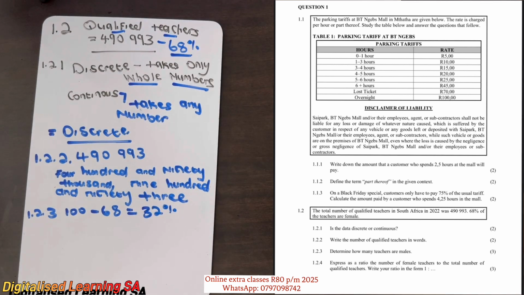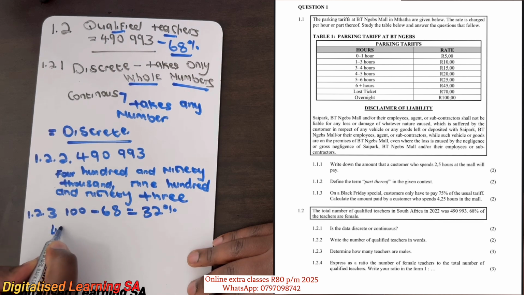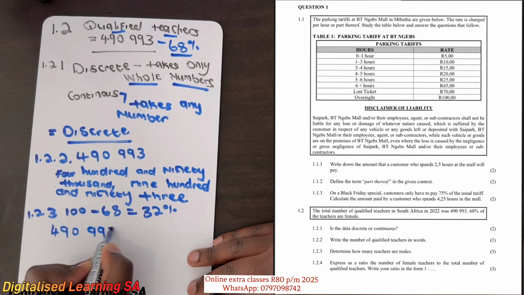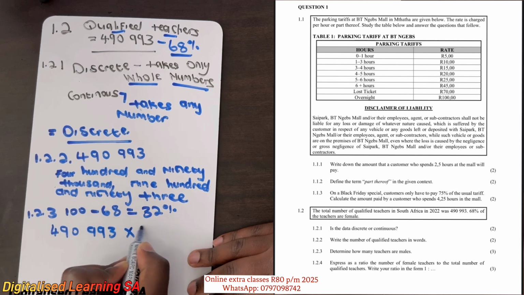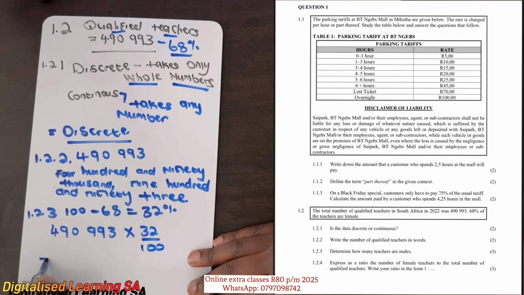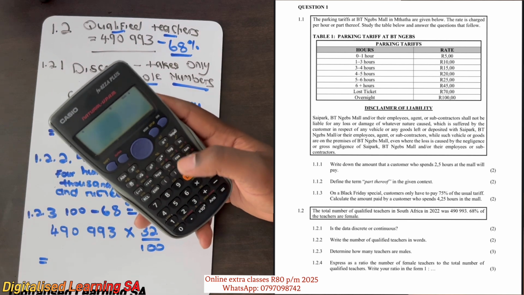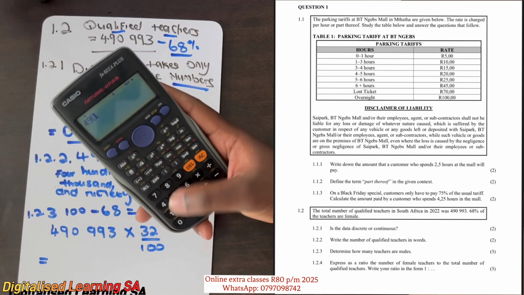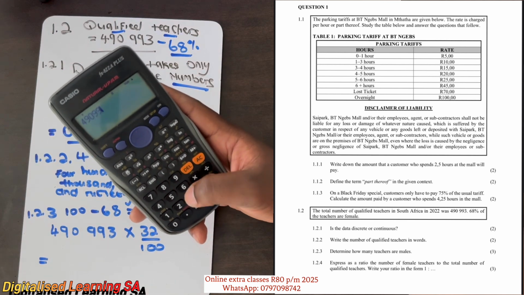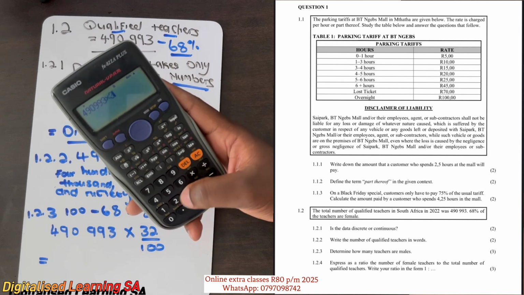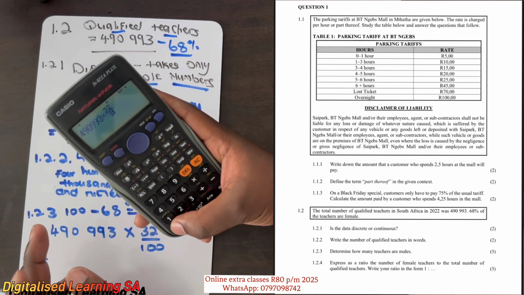Then we can now go ahead and take the total number of qualified teachers, which is 490,993 multiplied by 32 divided by 100. So now we can see that the total number of male qualified teachers is 490,993 multiplied by 32 divided by 100.